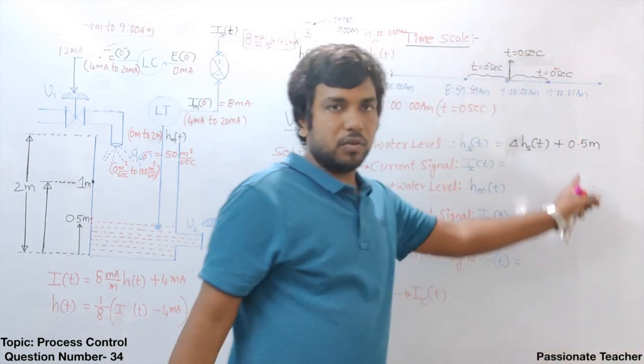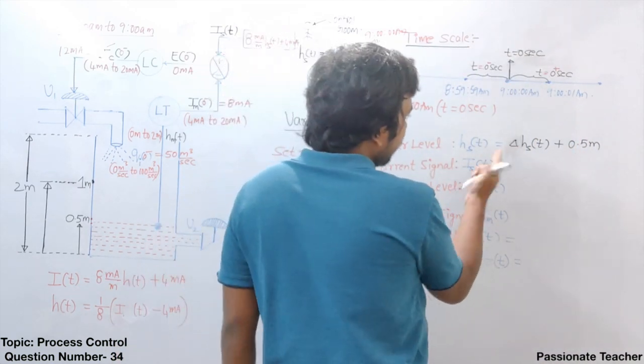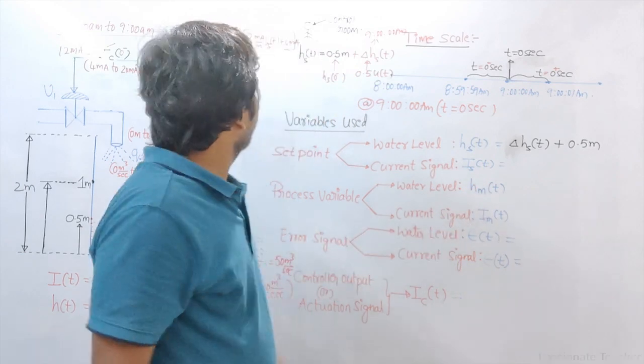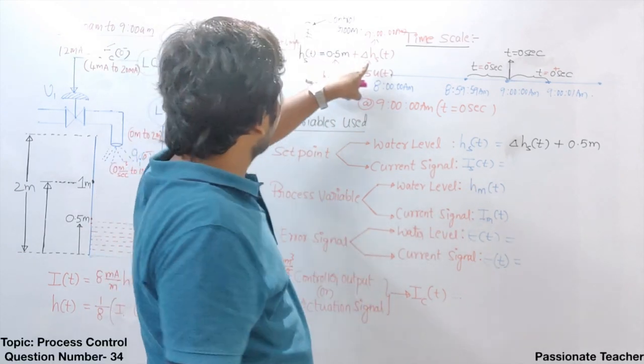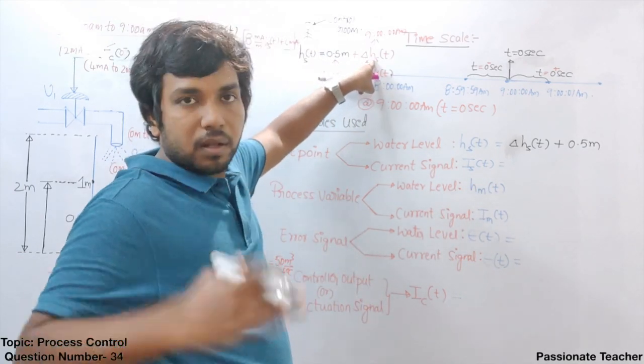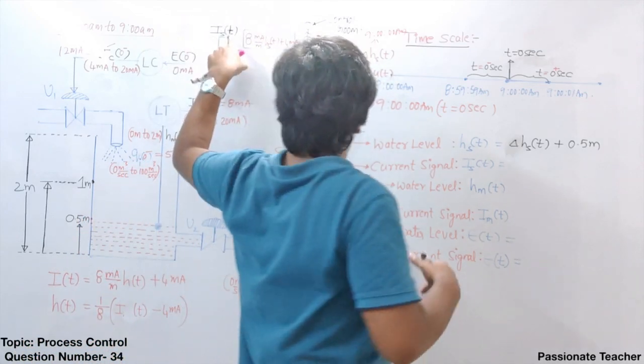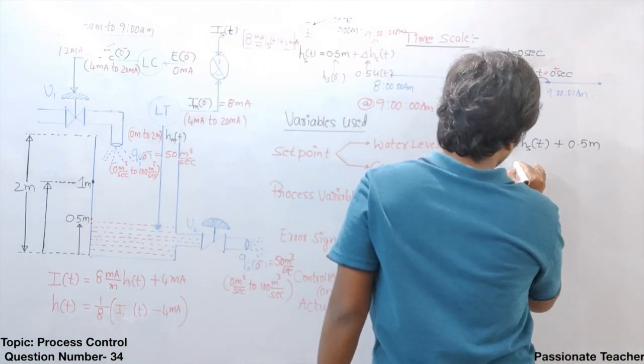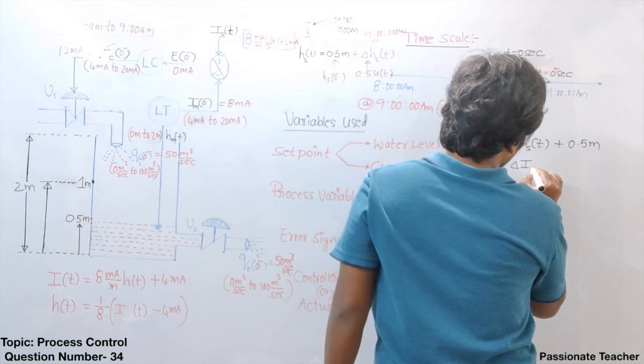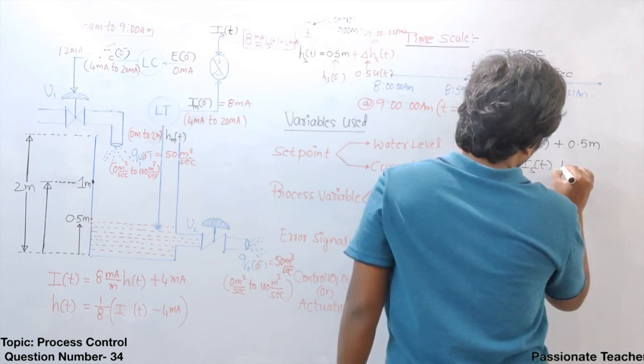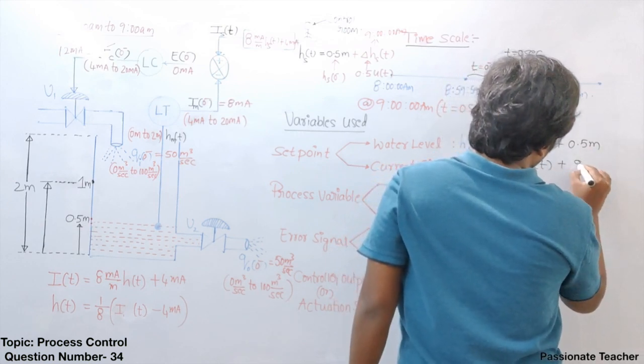Clear? Initial value is 0.5 meter. Now what about Is of t? Is of t can be written as, when there is some variation in the set point of the water, then naturally there will be variation in the current signal also, right? So delta Is of t plus the initial current, which is 8 milliampere.